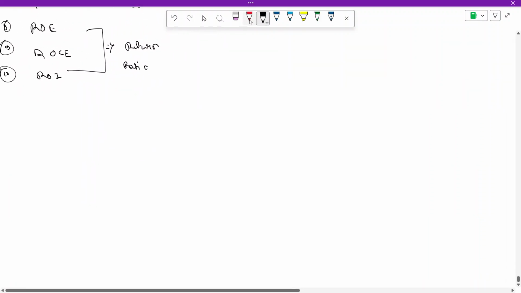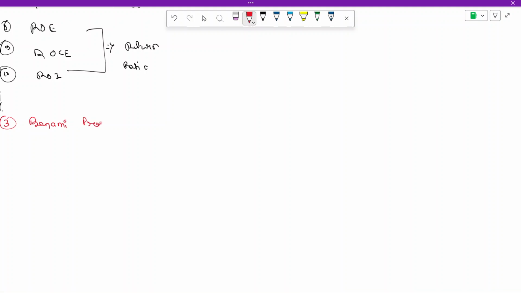Now comes the Benami property part. Third will be Benami property.